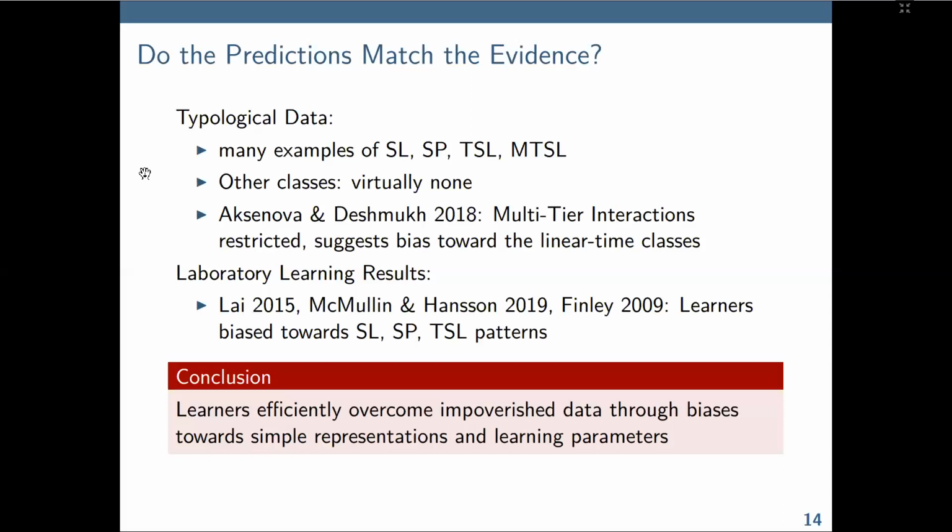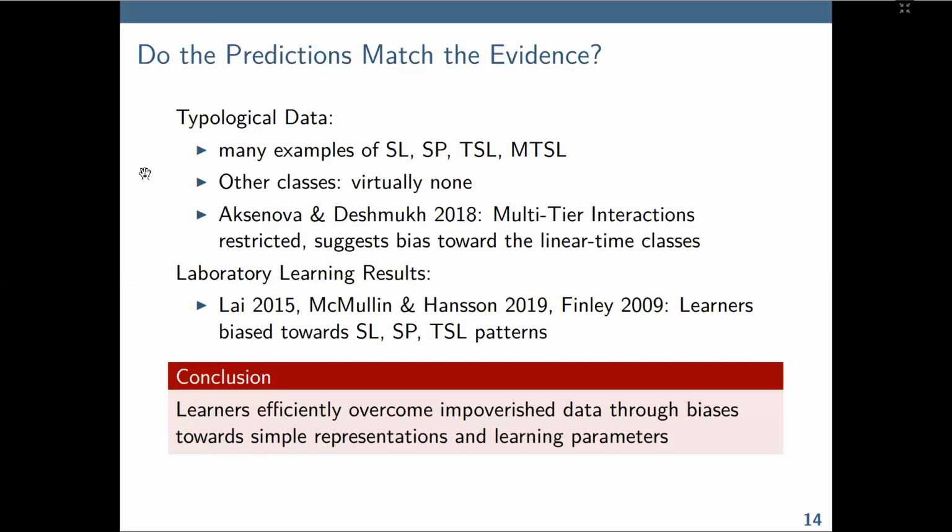All these confirm the same prediction, that learners are biased towards strictly local, strictly piecewise, and TSL patterns in artificial grammar and artificial language learning experiments, even when they're allowed very plausible alternatives. So when learners are confronted with hypothesis classes which could include these, they are instead biased towards these particular patterns.